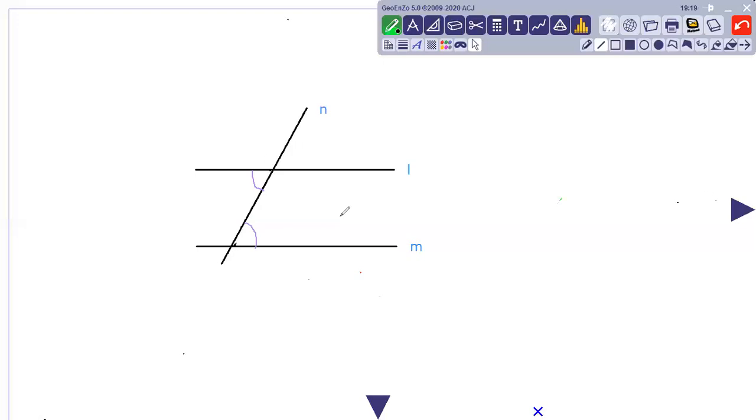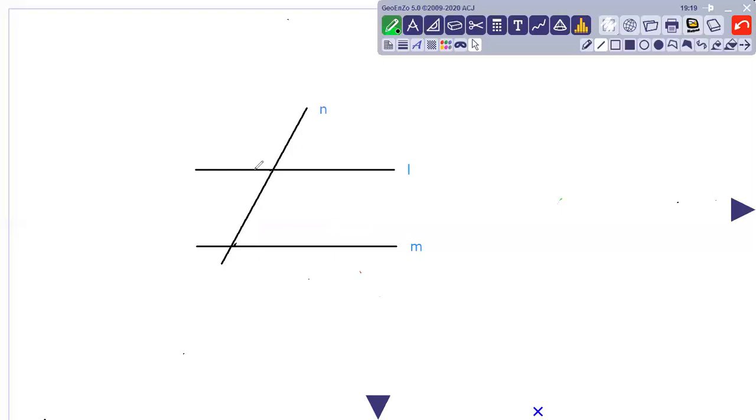So we have talked about three points. The first point was corresponding angles are equal. The second point was interior angles on the same side of the transversal are supplementary. And the third point was alternate interior angles are equal. This is the property of parallel lines and a transversal.